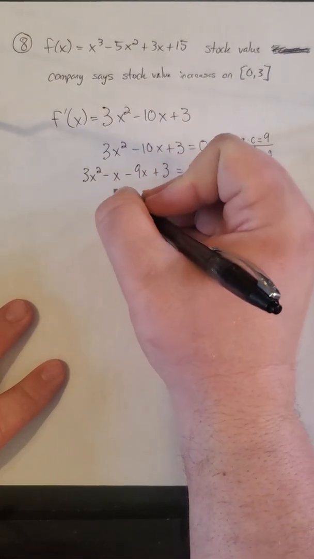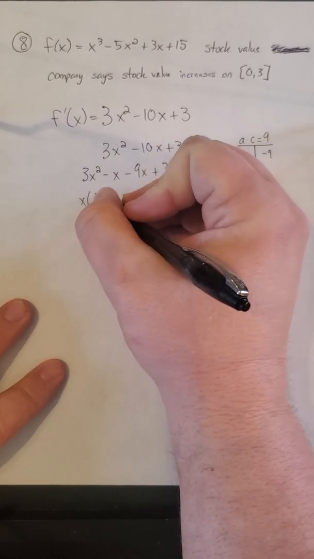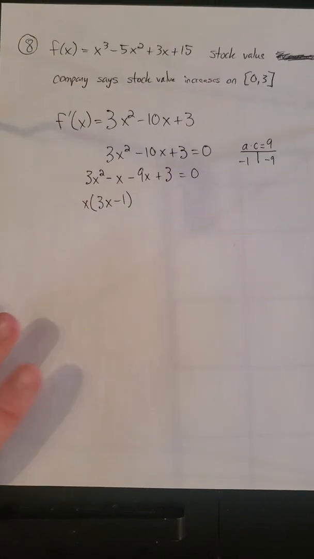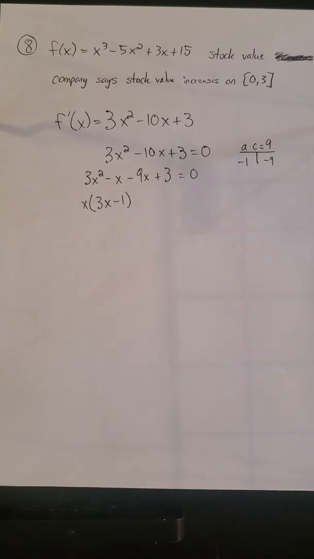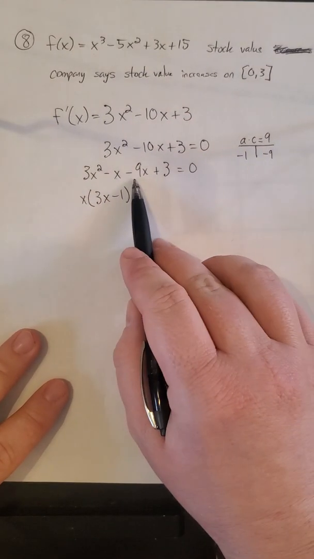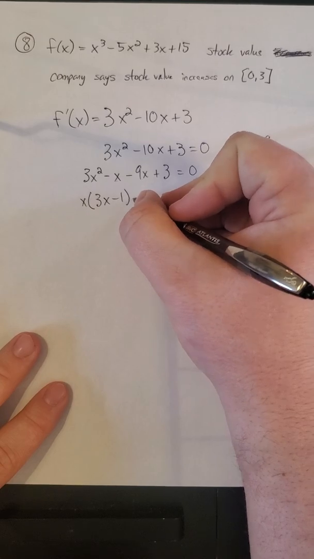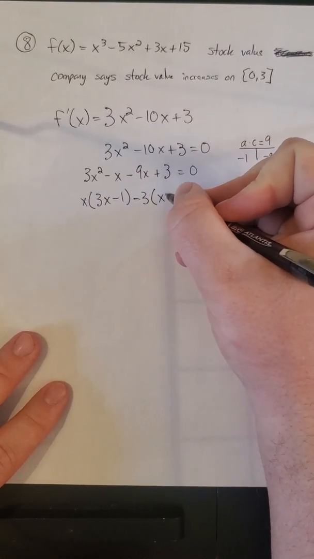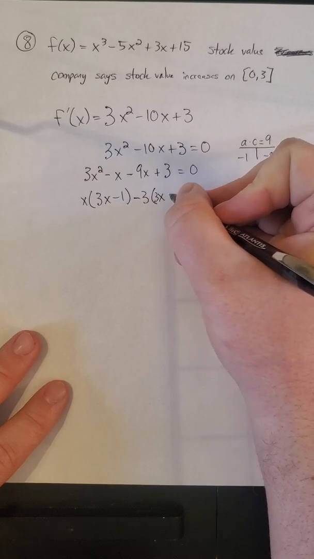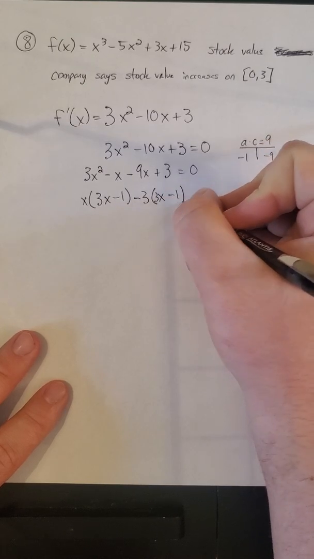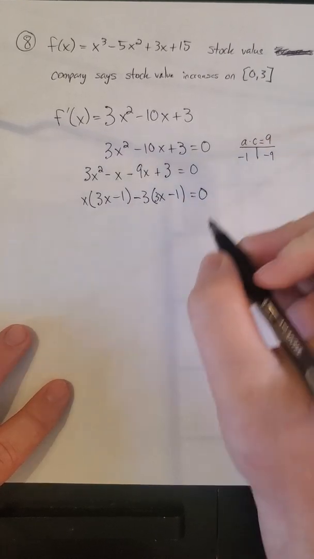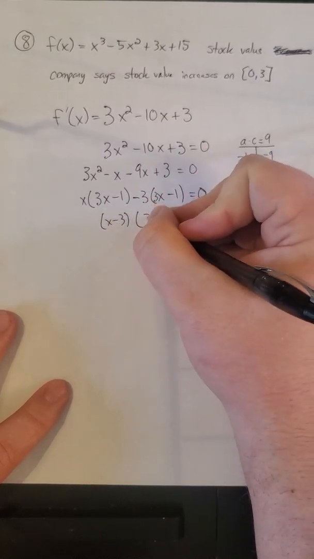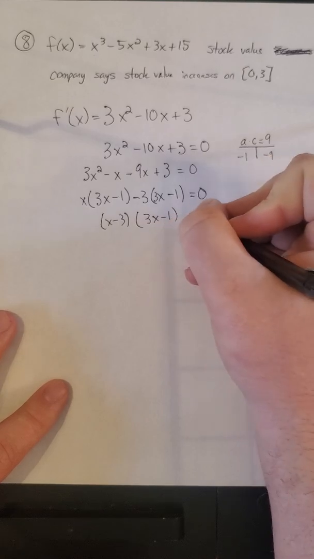Out of the first two, you can take an x. You're going to have 3x minus 1 there. And out of these, you can take a 3, and it'll be a negative 3 because you take that negative with. And that's going to be 3x minus 1 again. And so you get your two factors to be x minus 3 and 3x minus 1.